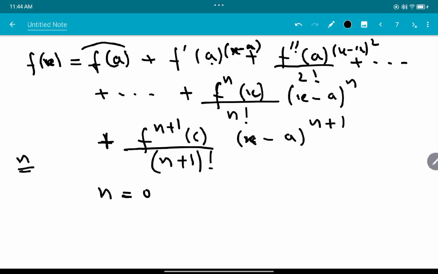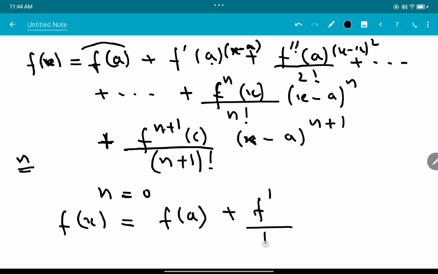In that special case, you have f(x) is equal to f(a). None of these derivatives is to be taken. Then you are left with this. When you put n equal to 0 here, you have f^(1)(c) divided by n plus 1, that is 1 factorial, which of course is 1, times (x minus a) raised to n plus 1, that is 0 plus 1, that is 1.